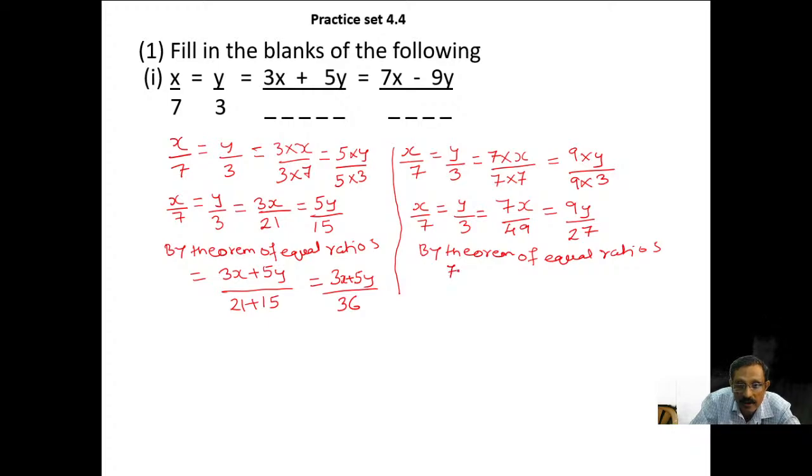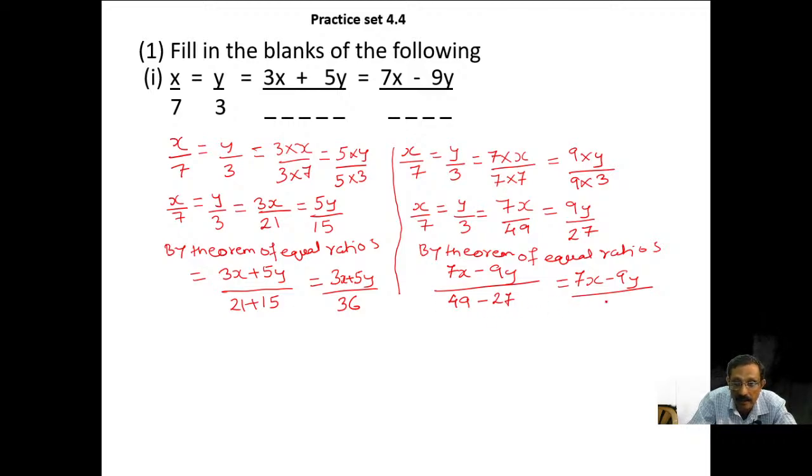So 7x minus 9y upon 49 minus 27. What do I get by 49 minus 27?